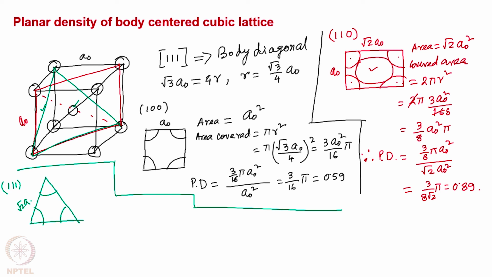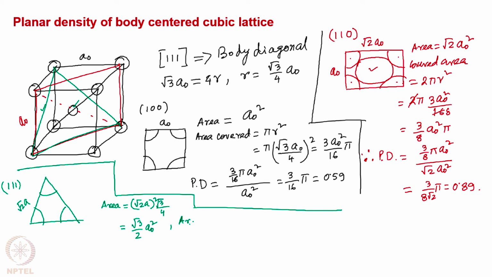So the area of this triangle is root 2 a0 square times root 3 by 4, which means it is equal to root 3 by 2 a0 square.